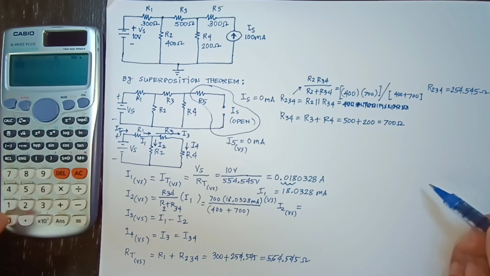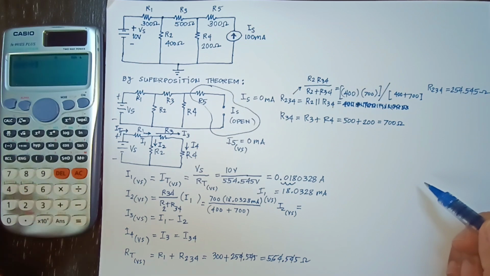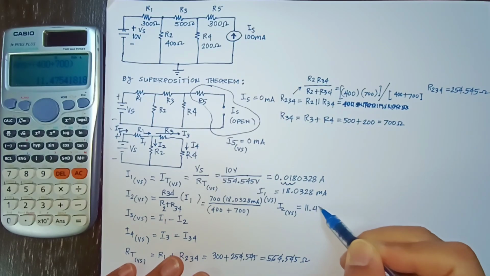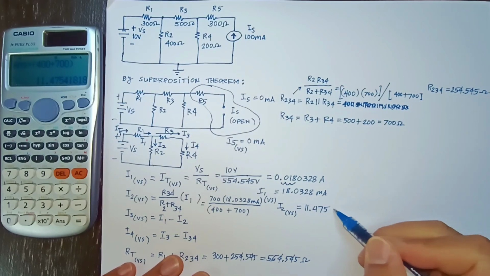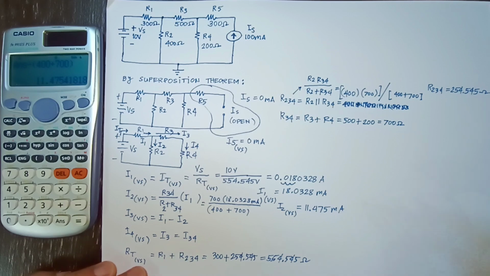We multiply it with the current I1, and we will get the answer for I2 with respect to Vs equals 11.475 milliamperes.